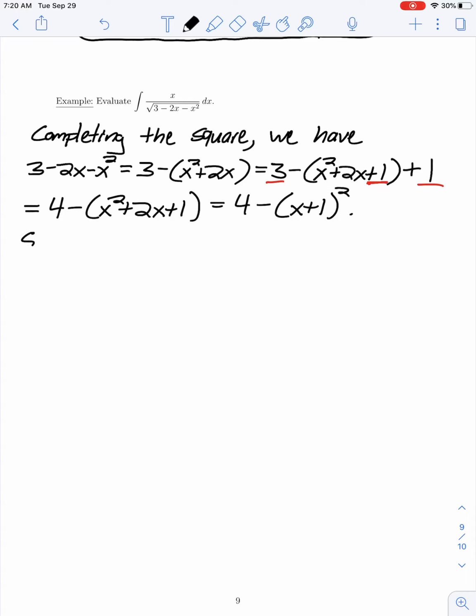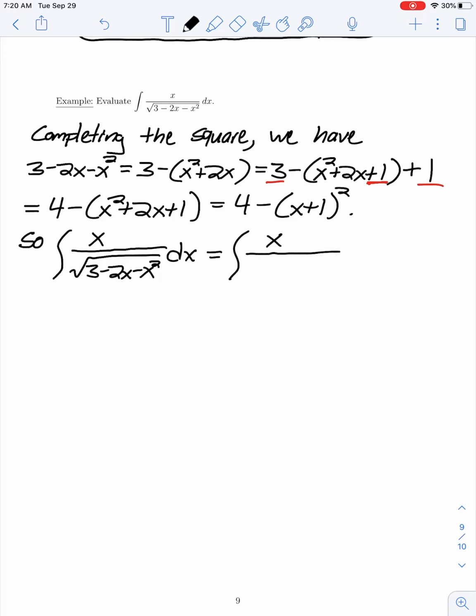So looking at our integral, which was x over the square root of 3 minus 2x minus x squared dx, we can rewrite this as the integral of x over the square root of 4 minus the quantity x plus 1 squared.